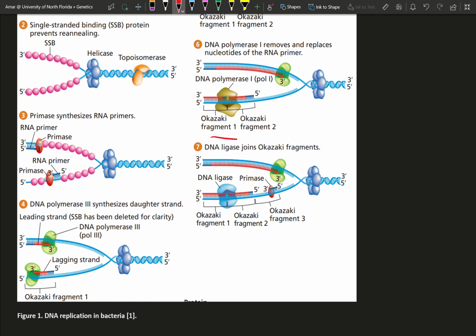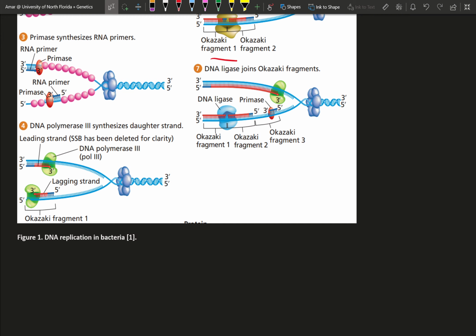But for our purposes, what we need to figure out is the differences between DNA polymerase 3 and DNA polymerase 1. Both of these DNA polymerases have a proofreading function, but one of these DNA polymerases has an additional proofreading function.